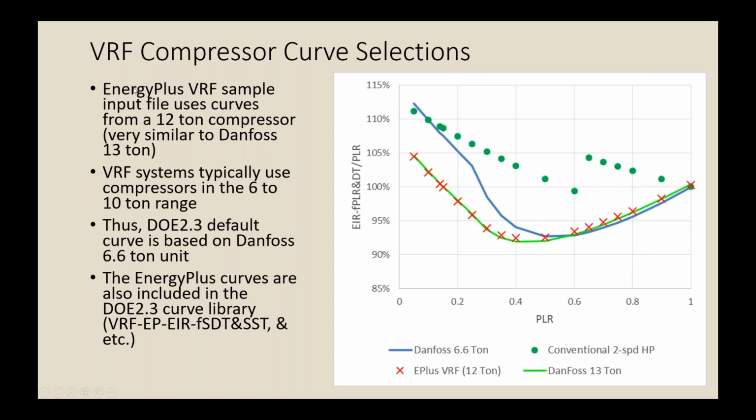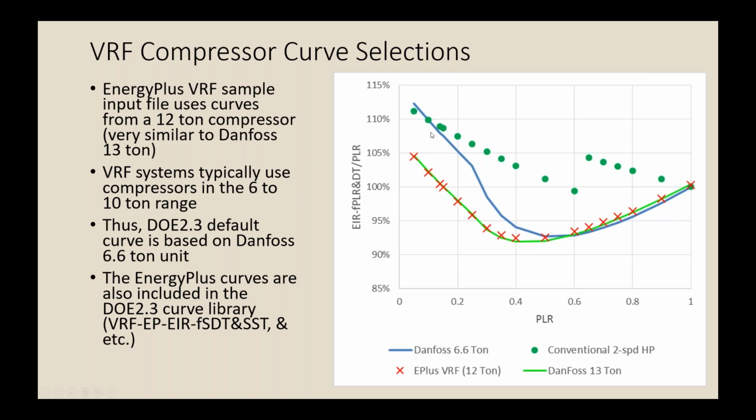One thing to point out is that the EnergyPlus curve is based on a 13-ton compressor, or I guess in the EnergyPlus literature, they say 12-ton, but the Danfoss is actually a 13-ton, which seems high compared to the compressors that I've seen used in the manufacturers' literature, which tend to be 6 to 10 tons.